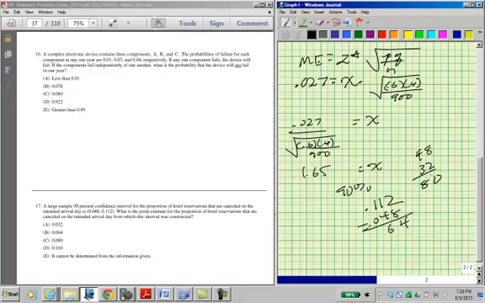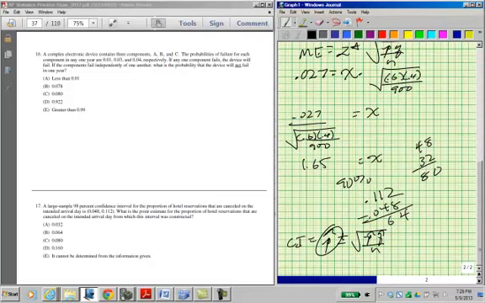So 0.080, I believe, is the center. 17C, that's the right answer. Okay, so in other words, remember, the confidence interval equals p hat plus or minus the square root of p hat q hat over n. So what they wanted was the point estimator, that's p hat. All right. Move on.